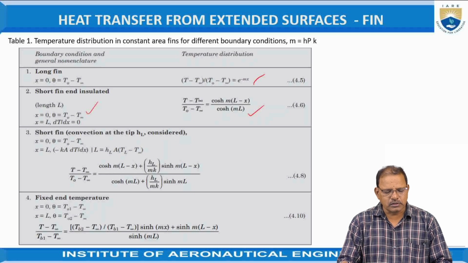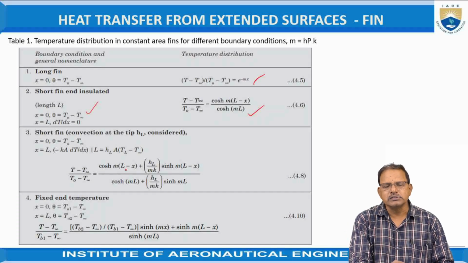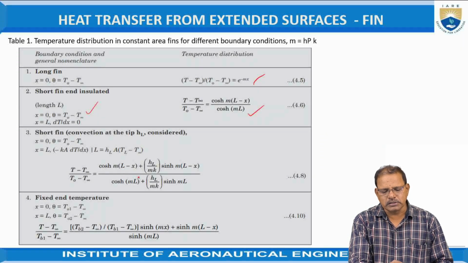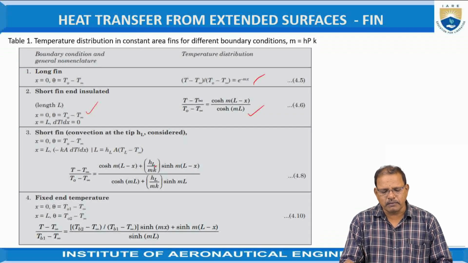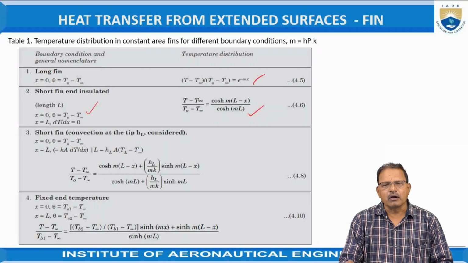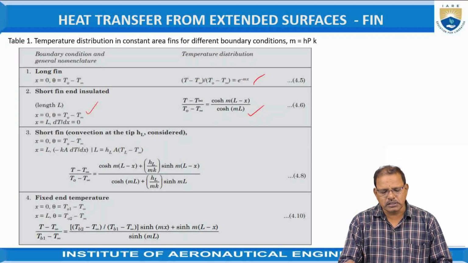So from these relations we get (T minus T∞) divided by (T0 minus T∞) is equal to [cosh m(L minus x) plus (h_L/mk) sinh m(L minus x)] divided by [cosh mL plus (h_L/mk) sinh mL].